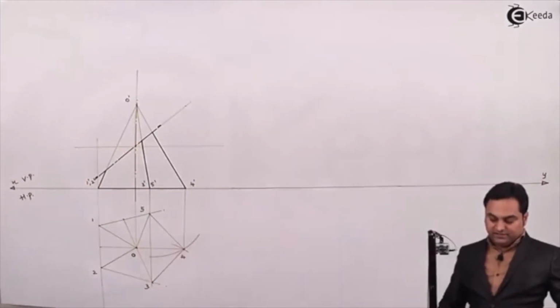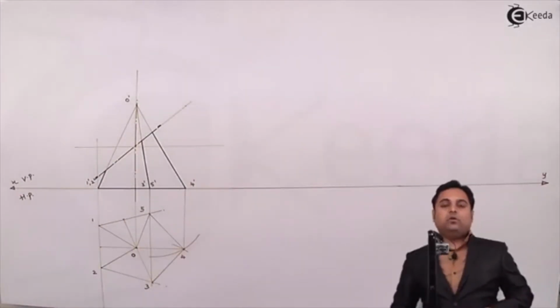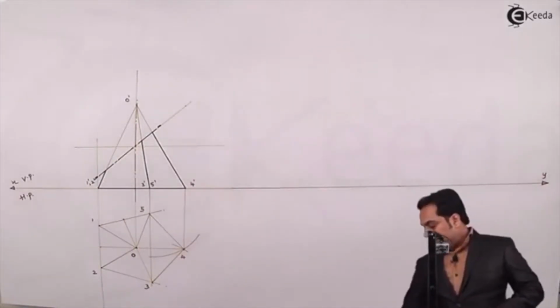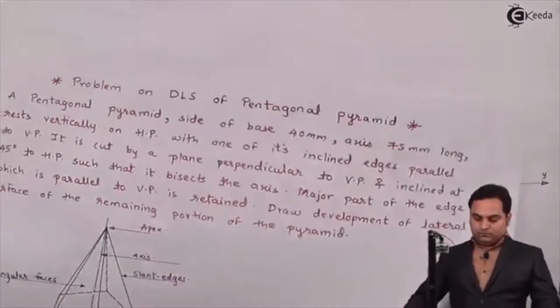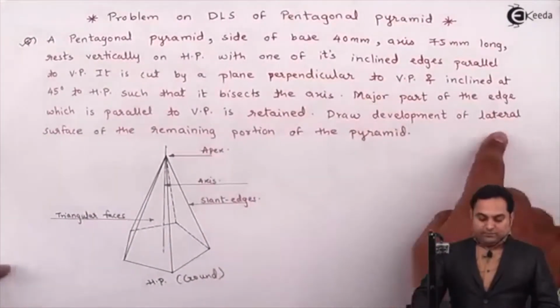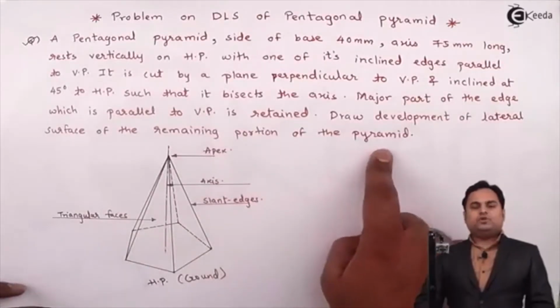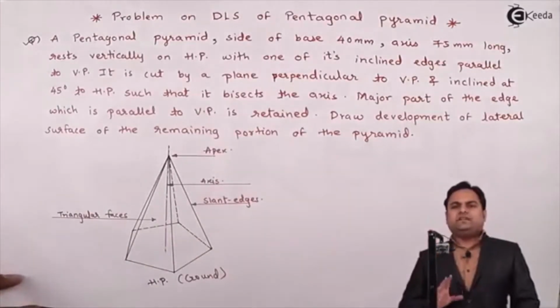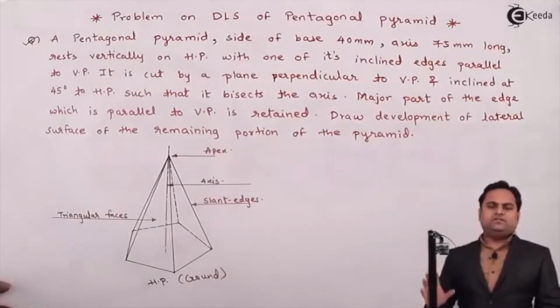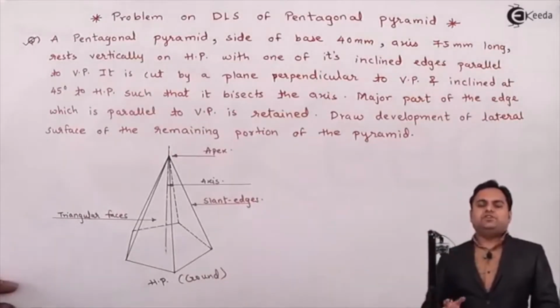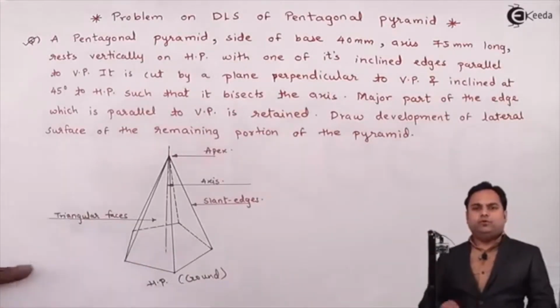So it is bisecting the axis, the cutting plane. Now in the question it is given that draw development of lateral surface of the remaining portion of the pyramid. In the question they are saying to draw the development of lateral surface. Nowhere it is mentioned that we have to draw the sectional top view.